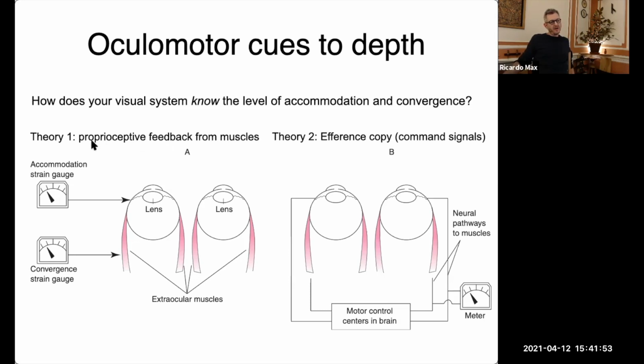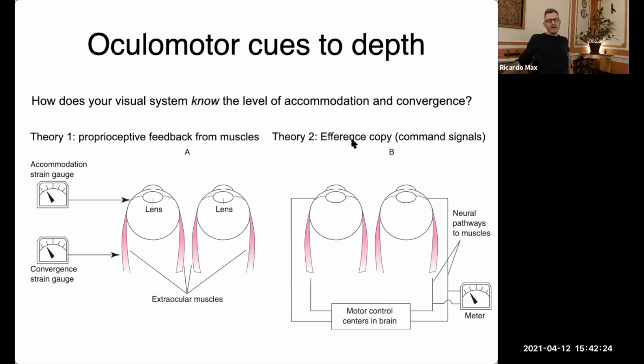One is that we use proprioceptive feedback, meaning that the system sends an order to the muscles to do something, and then the muscles send back this information, and then the system uses it. The other one is that the brain is already sending the information, so it has this order. It doesn't need the feedback itself. So it's almost a nuance.